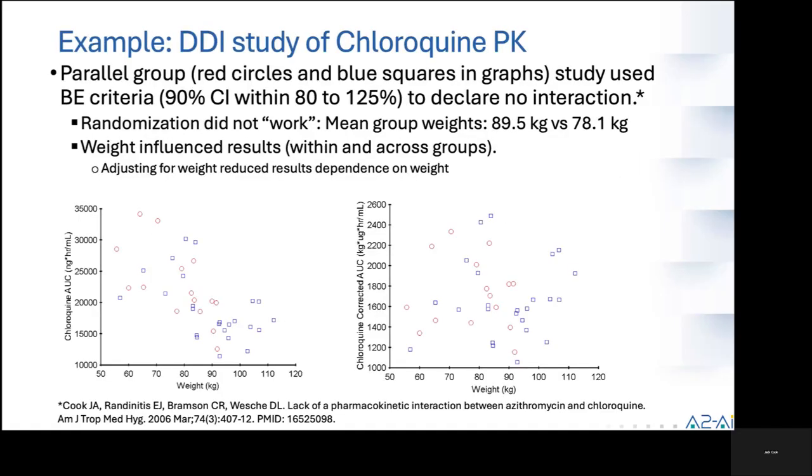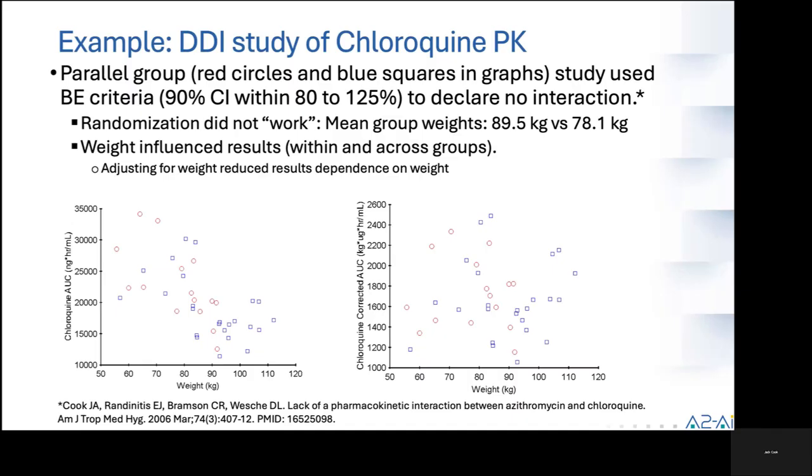And as an example, I'm going to offer a drug interaction study of chloroquine, where chloroquine is being given with erythromycin or azithromycin, and we ran it as two parallel group studies. And in the graphs below, the two parallel groups are represented by red circles and blue circles.